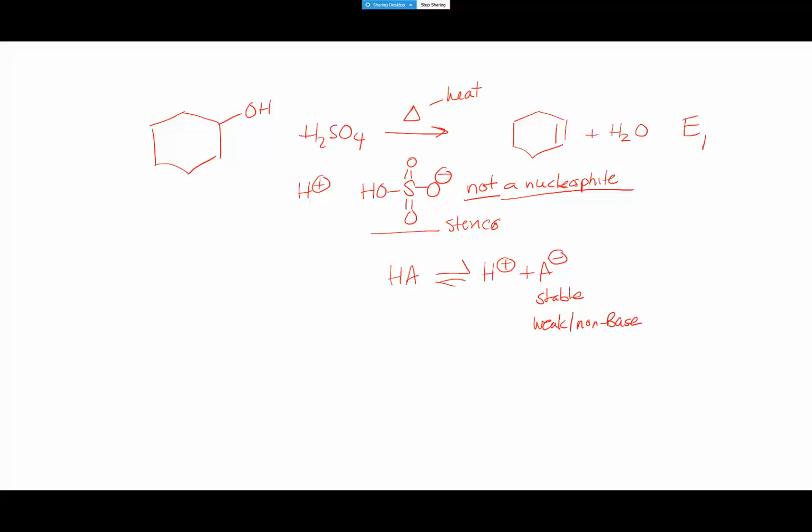Whenever we use sulfuric acid and heat, because the mechanism for this would look like my H2SO4 is my source of H+, so my OH is going to be protonated by the H, so I'm going to form my oxonium ion.